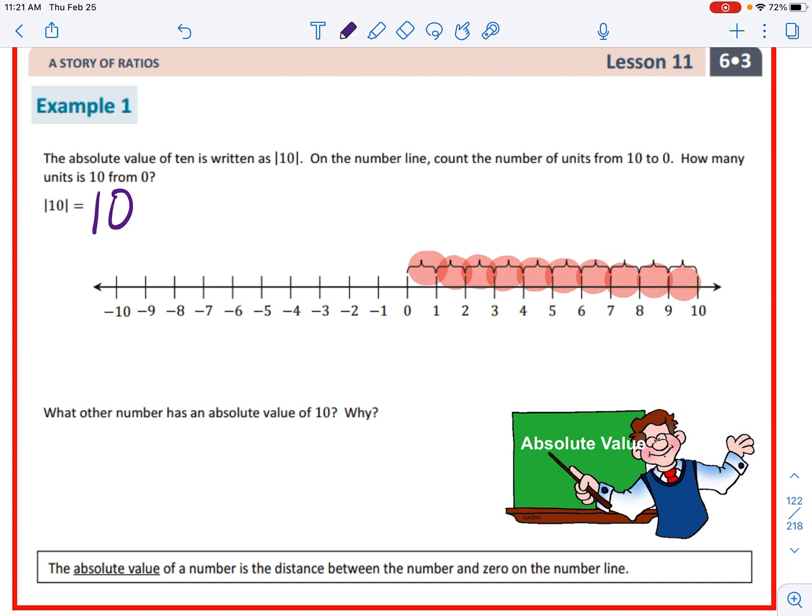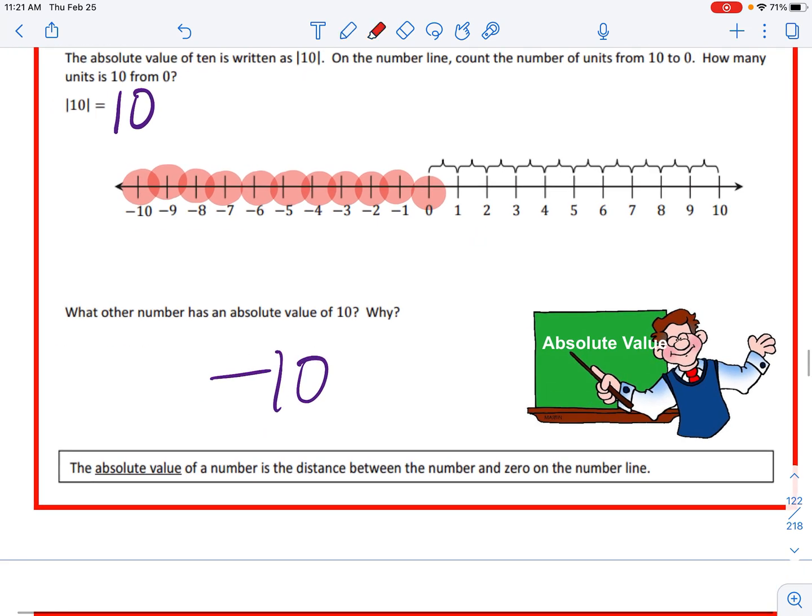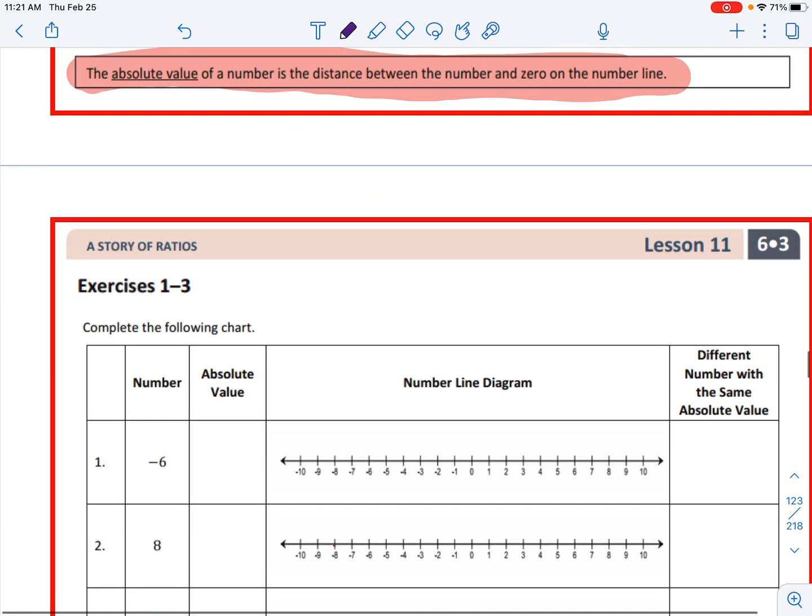Now, what other number has an absolute value of 10? Well, -10, because -10 is also 10 units away from 0. And remember, the absolute value of a number is the distance between the number and the 0 on the number line. So always keep that in mind.